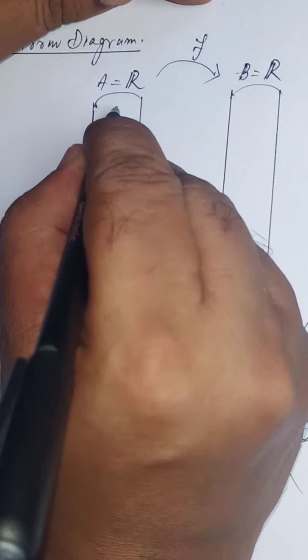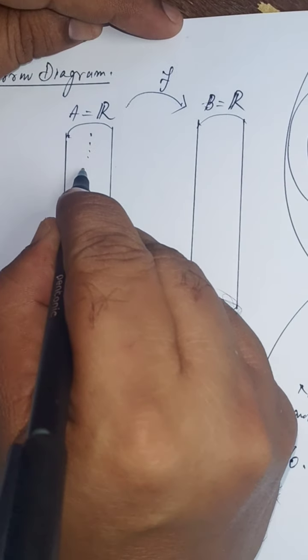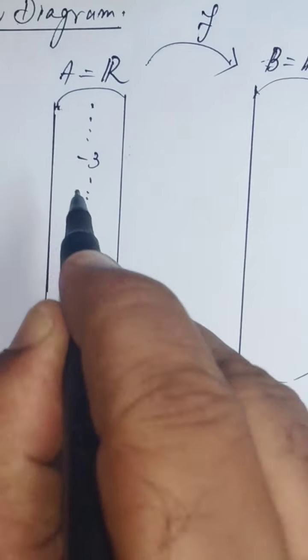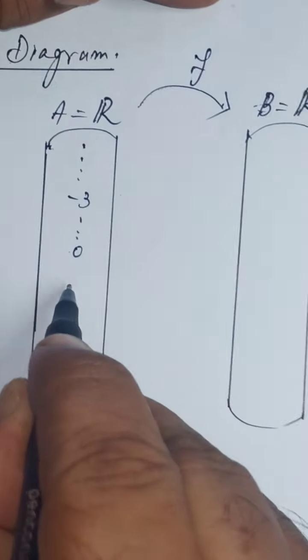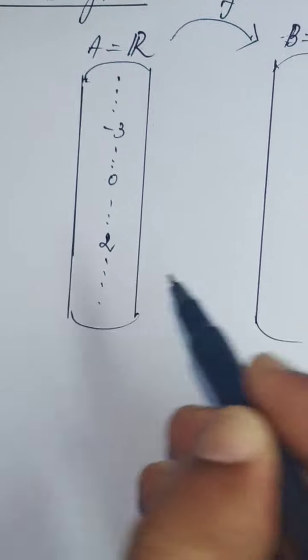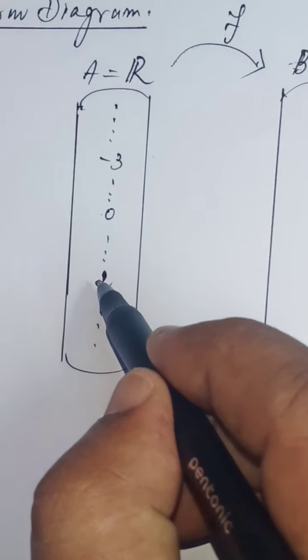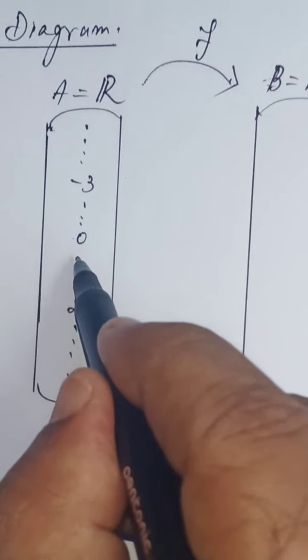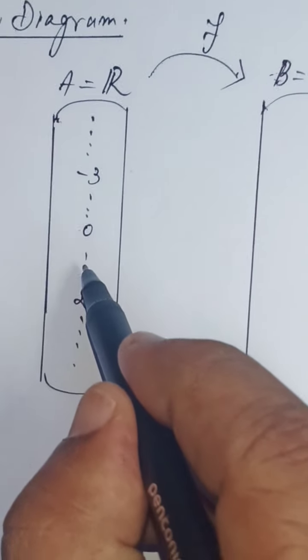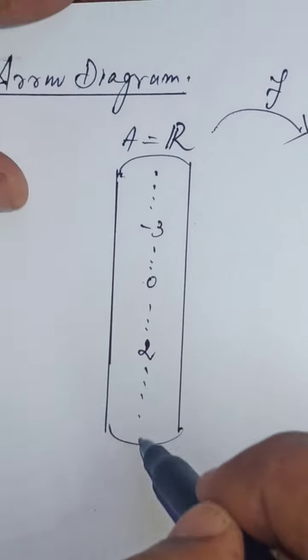I am taking 2 or 3 numbers randomly: minus 3, 0, 1, even 2, it is going on. Even between 0 and 2 uncountable numbers are there. How, sir? 0.1, 0.001, 0.003. So many numbers are there.